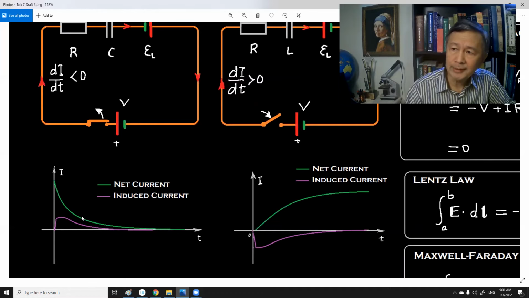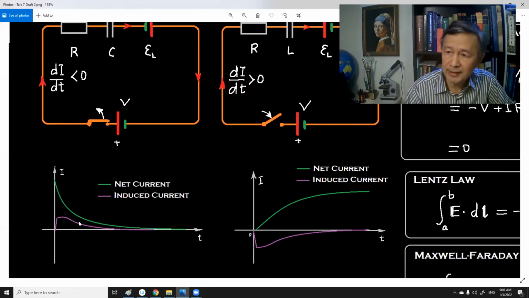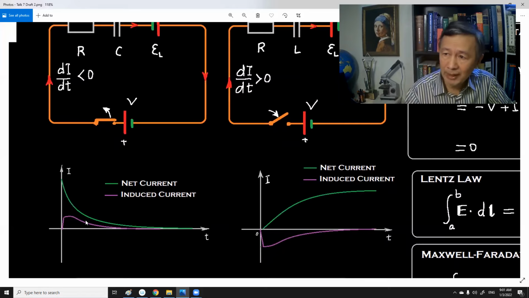But what we don't say often is that the induced current in this case is in the same direction as the current provided by the battery. So this purple curve will represent the induced current in this case.